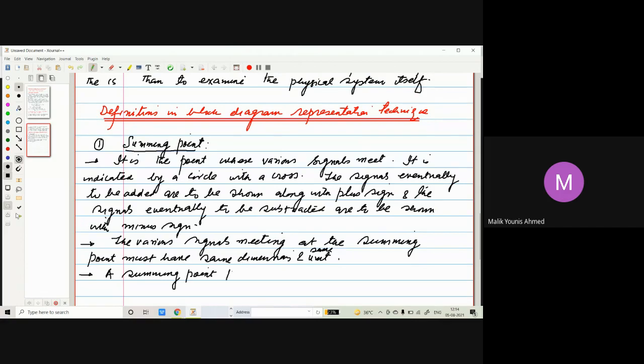A summing point which will be performing addition operations is called an adder.